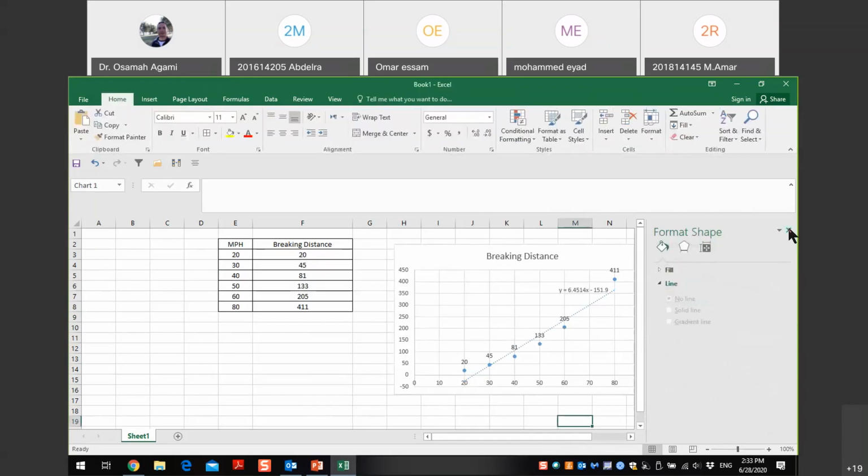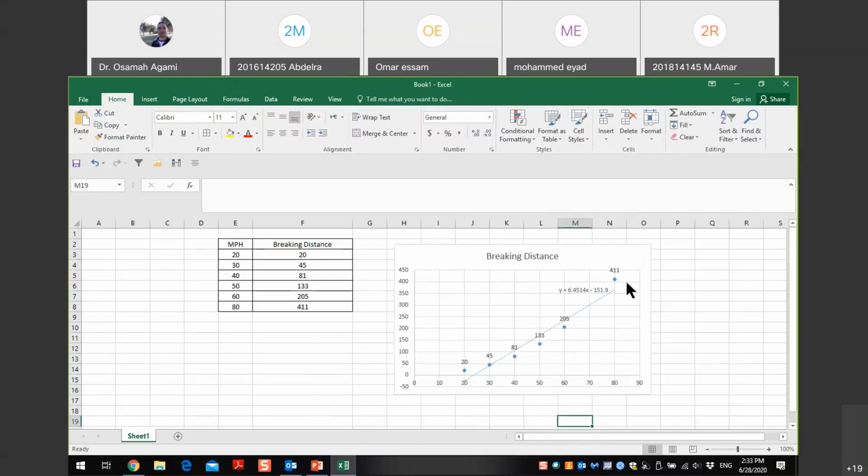This is the regression equation. Just make it slightly bigger.